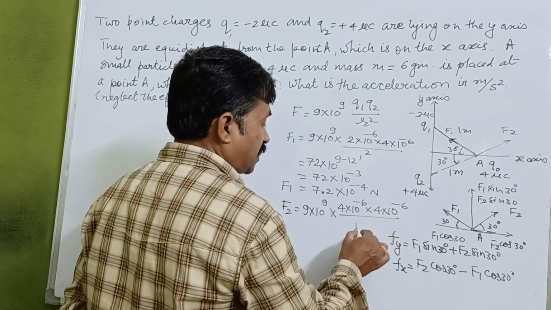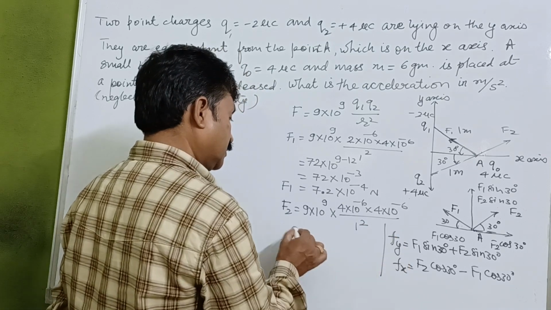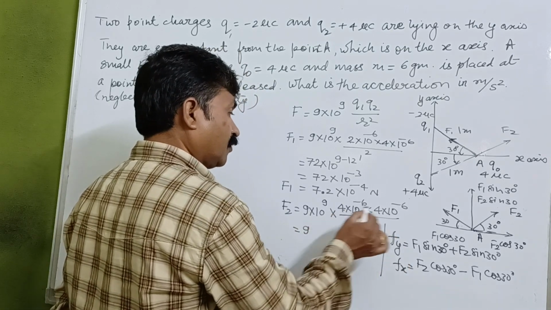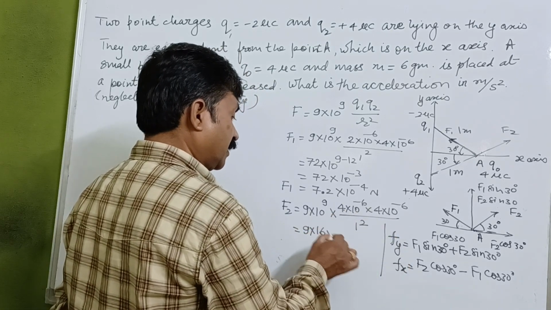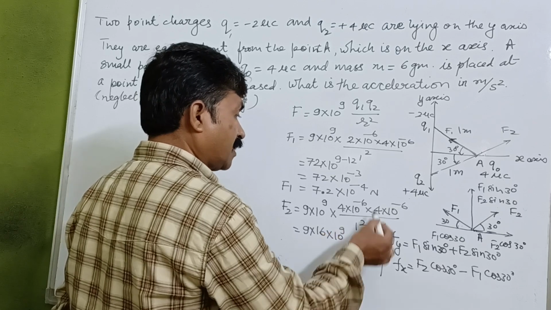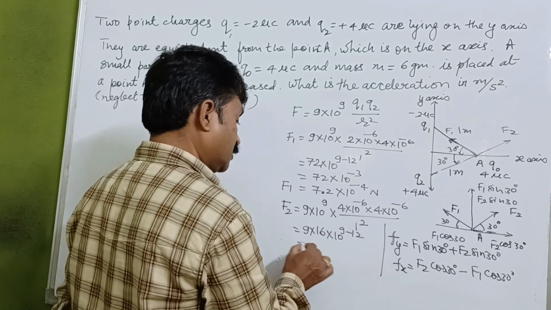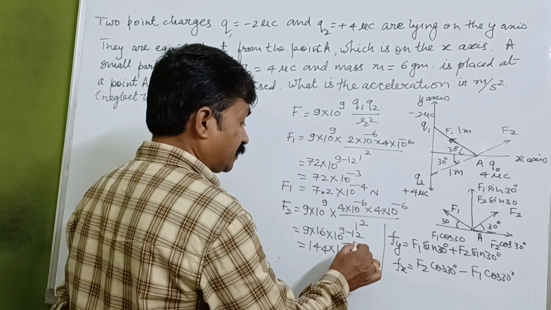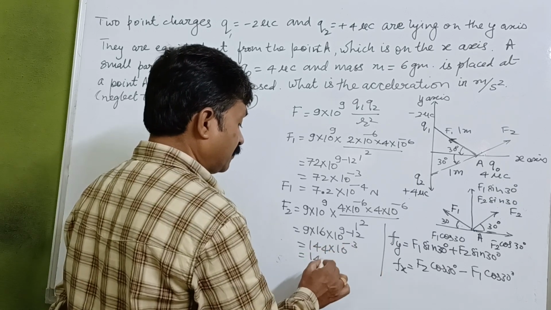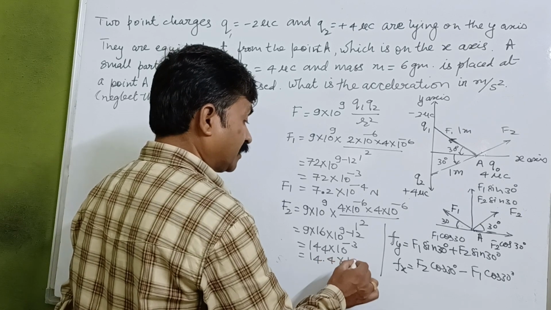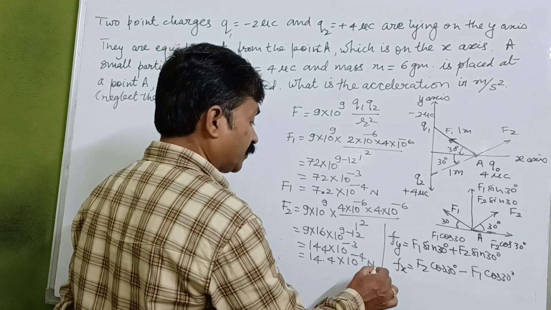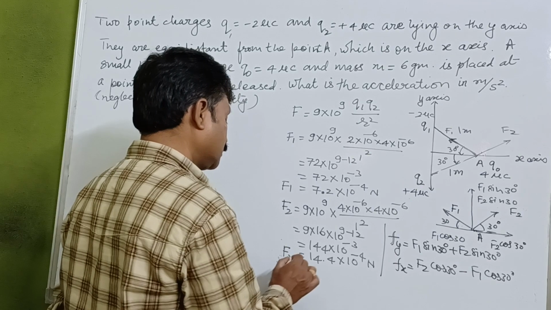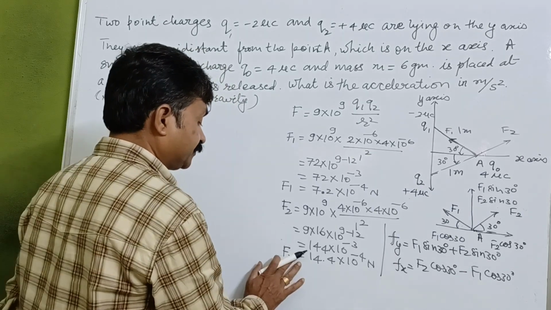The distance is the same, 1 square. So 9 into 4 into 4 is 16, into 10 raised to the power 9 minus 12. So we are having 144 into 10 raised to the power minus 3. So it is 14.4 into 10 raised to the power minus 2 Newton. This is the force which we have, F2.